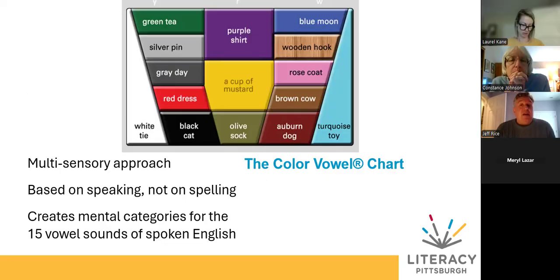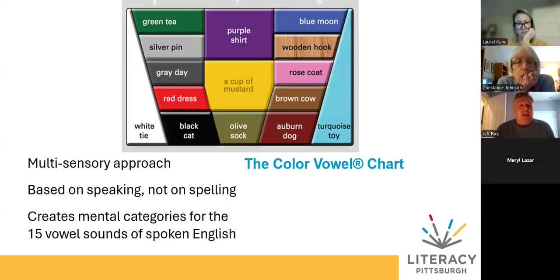You'll notice that some of the color categories, again, the same sound is spelled in more than one way, which is great because it gives learners that information. But you don't necessarily want to focus on the spelling, you want to focus on the speaking and the talking. And over time, some of those spelling patterns may become more clear.